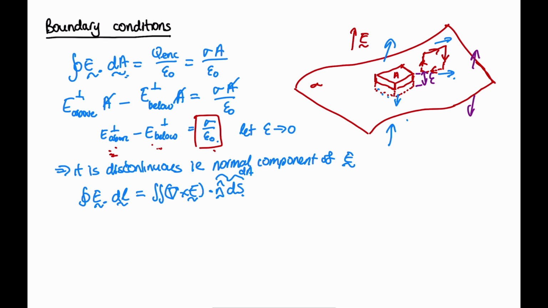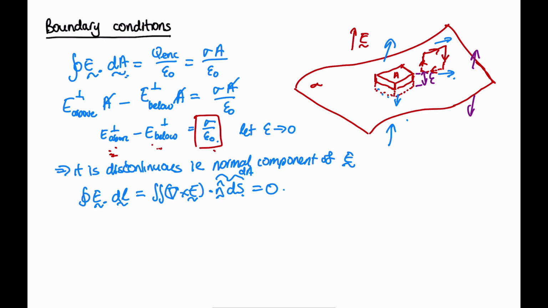So this thing here has to be equal to 0, and so we've got that this thing round here has to be equal to 0. And so this tells us that up here the electric field and the line are going in the same direction, whereas down here the electric field and the line are going in opposite directions.